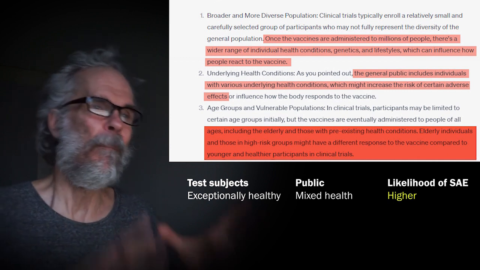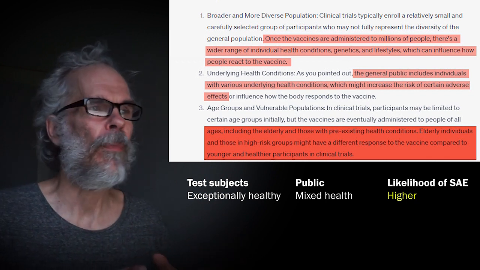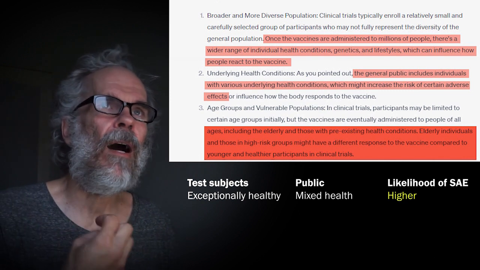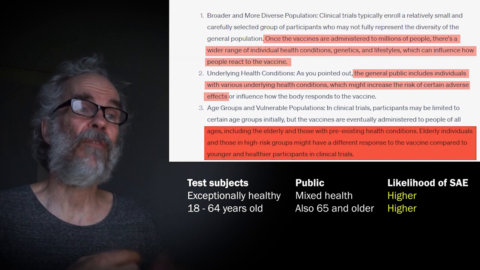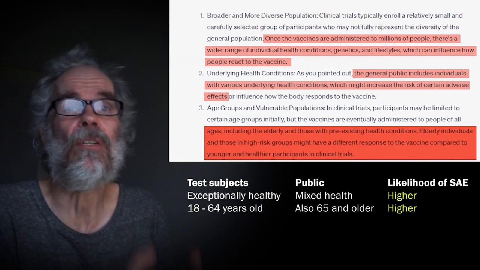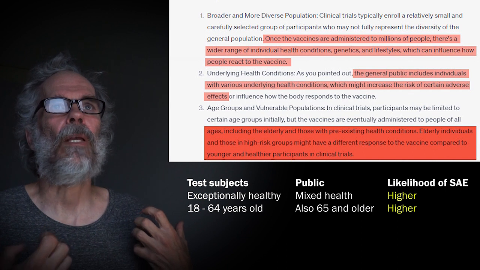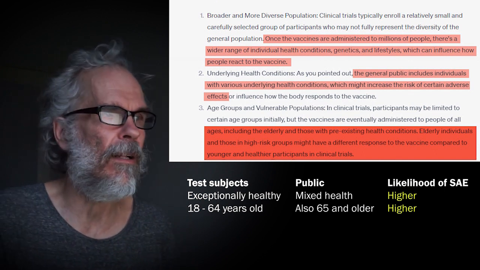And again, might have is a rather cautious way of putting it, but apparently they are more likely to have serious adverse effects, as they are more likely to have serious symptoms and serious implications from the COVID disease itself.